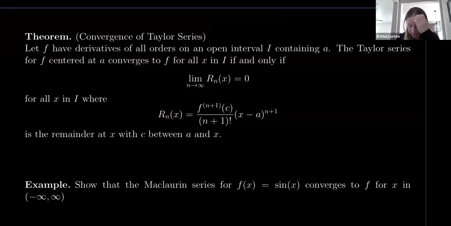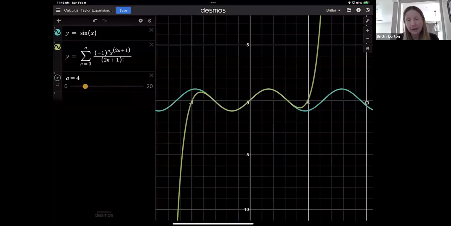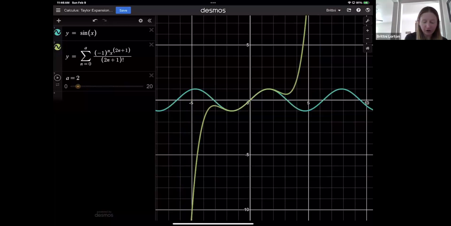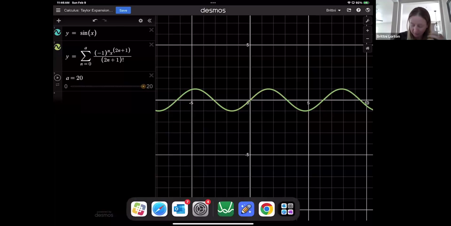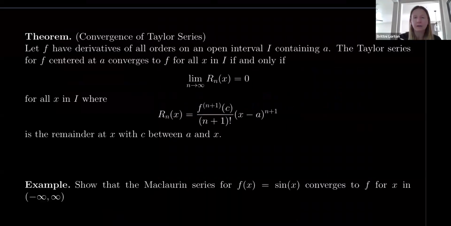So not only does that infinite polynomial look pretty close to sine of x, it actually is sine of x if I were to let that approach infinity. So not only does it look just like it, it's actually equivalent if I could go off to infinity. So its limit approaches, it converges to the function that it's representing.